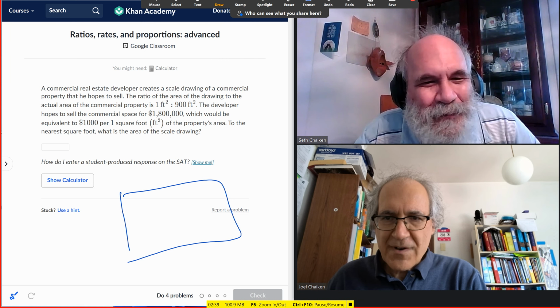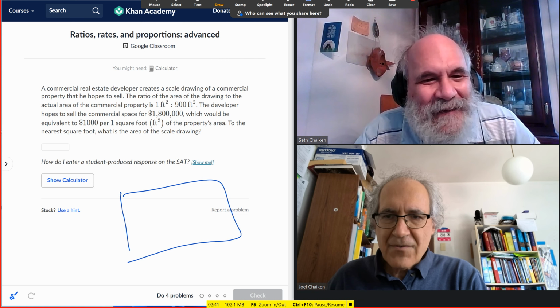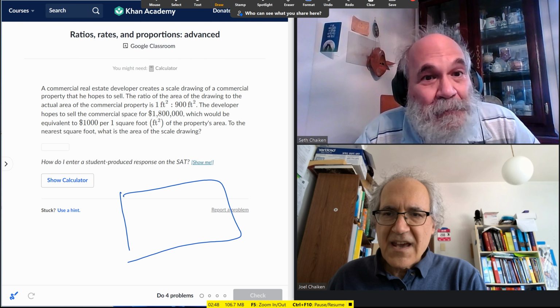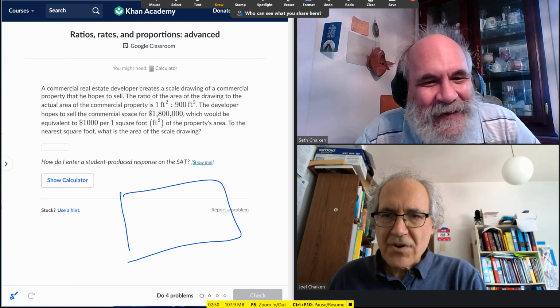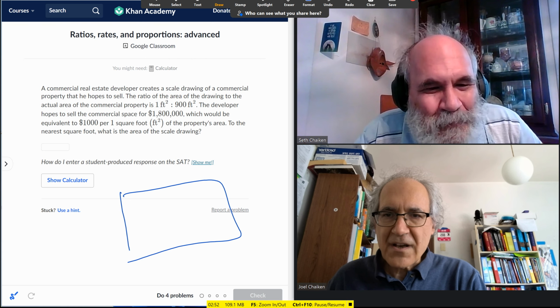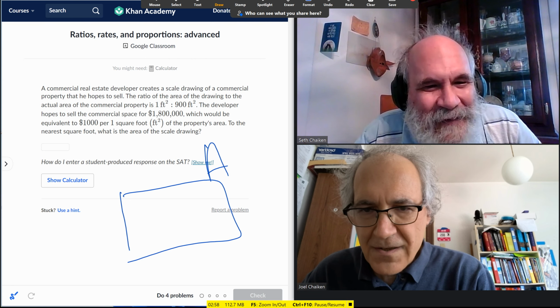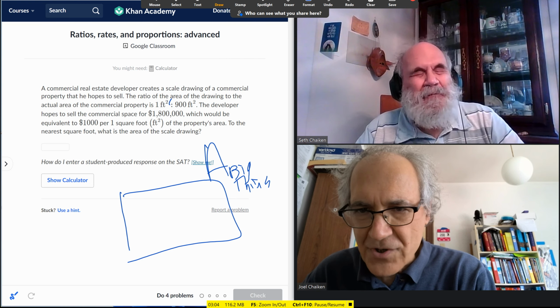To the nearest square foot, what is the area of the scale drawing? Well, in order to get the area of the scale drawing, we need to know the area of the whole thing, right? And once we know the area of the big thing, then we can immediately get the area of the scale drawing, right?